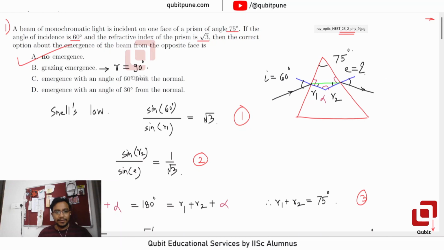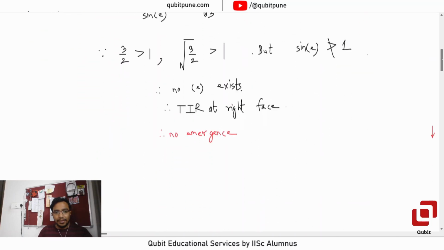You can take it as homework, or let's do it now. What will be the critical angle of the prism? Can you find it? Look, if we want the critical angle of incidence for the prism, we want the angle of refraction to be 90 degrees, grazing emergence, refractive index 1 upon root 3.